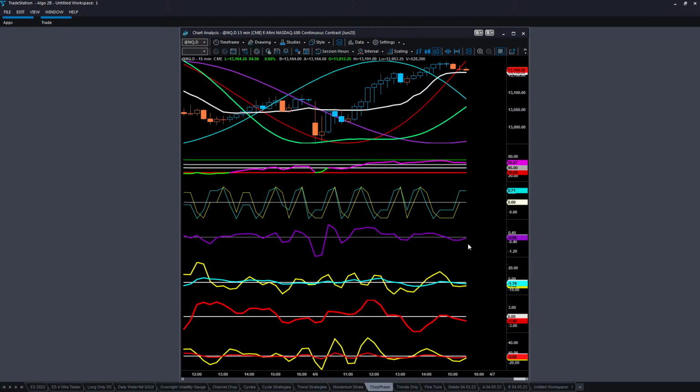And if we get a shift here and this purple line goes up, then we got more upside. So my thing is I want to make sure it remains above this line right here.